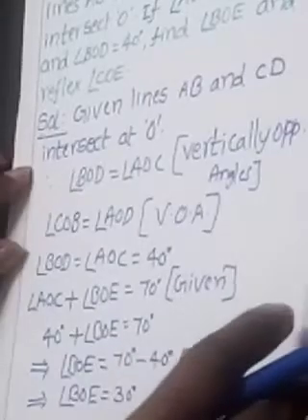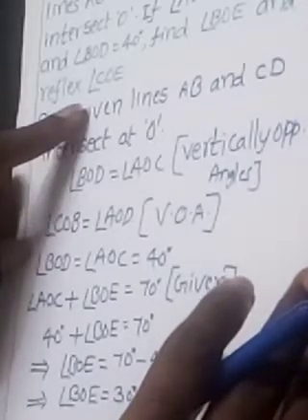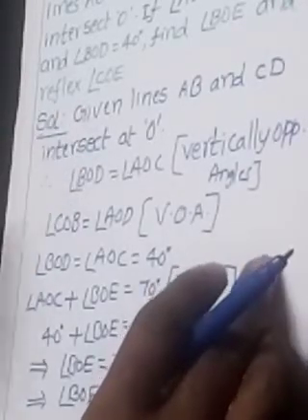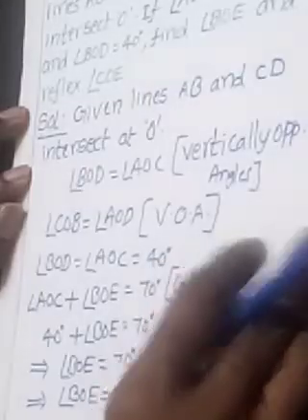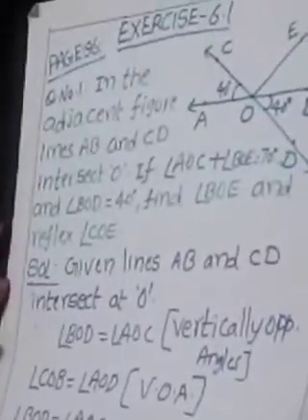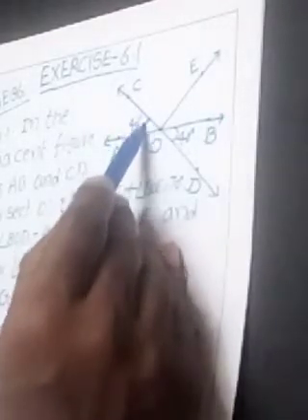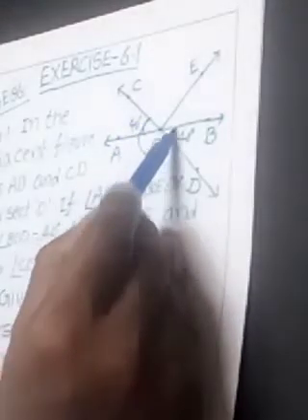After that, we have to find reflex angle COE. Observe this figure, my children. Reflex angle COE means this total angle. Reflex angle COE means angle COA plus angle AOD plus angle BOD plus angle BOE.